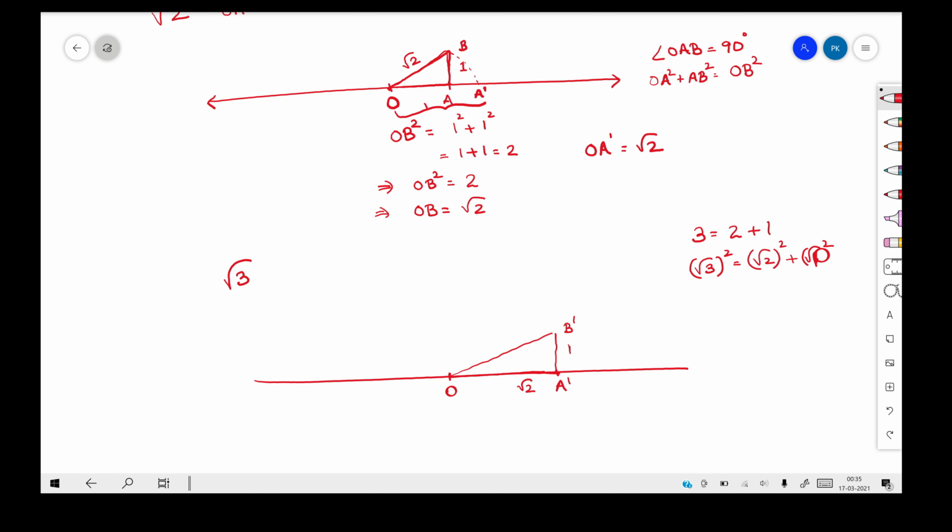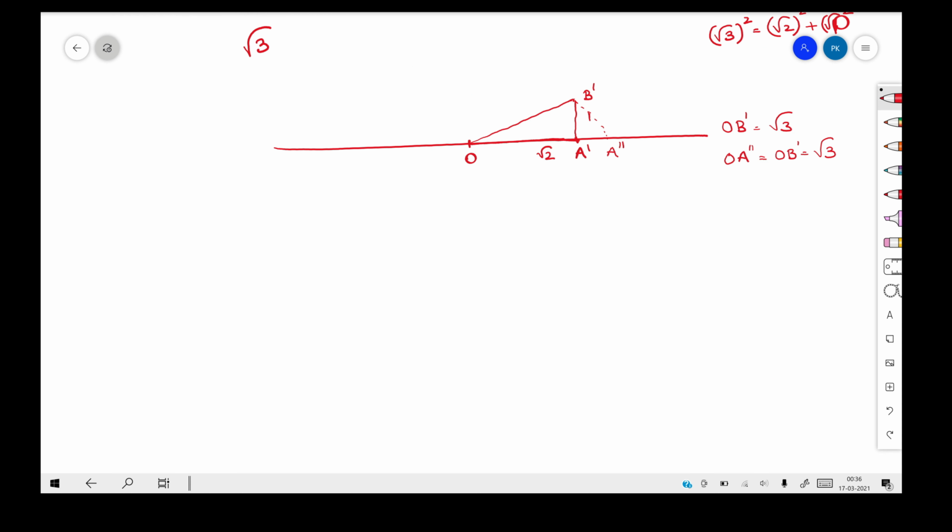So OB dash is under root 3. Similarly, with the help of a compass, we will draw a circle, and the point which intersects the number line, we call A double dash. OA double dash is equal to OB dash, which is equal to under root 3. Similarly, we can represent any irrational number on the number line.